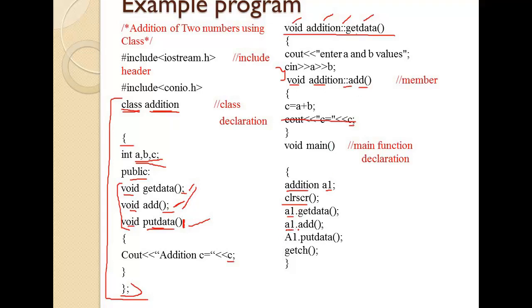So you can go for object name dot add. Finally, to display the result, I have the put data function, so a1 dot put data. This program will get the input from the user, perform addition, and display the output.